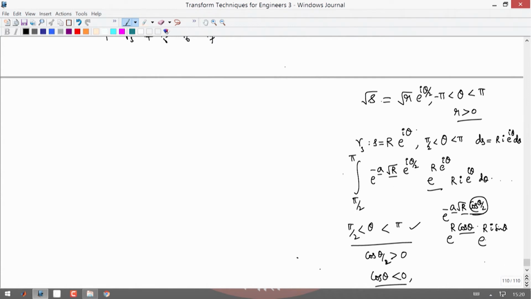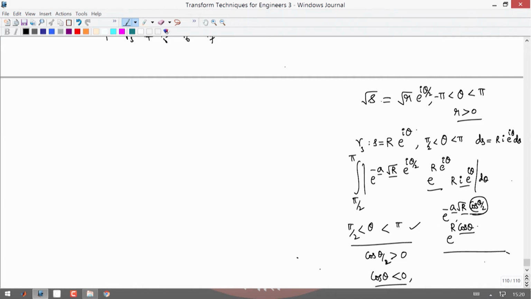So, the modulus is less than or equal to the modulus inside, and you have to put it here. I times mod I is 1, e power I theta mod is 1, and you have the product of these two.